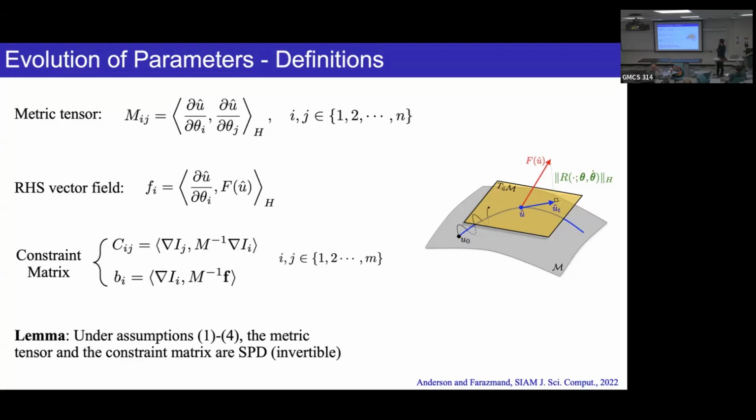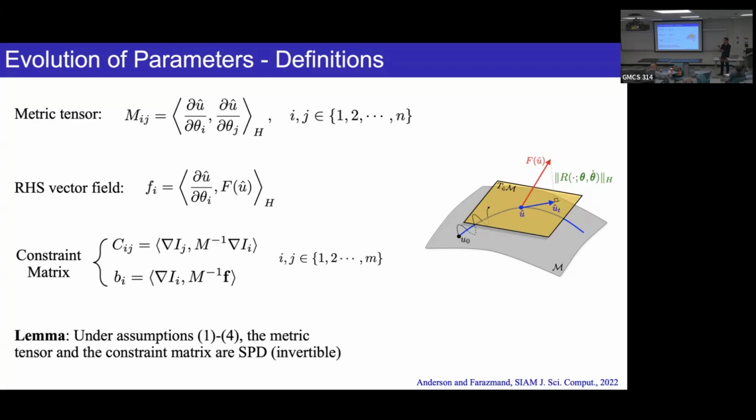Under the assumptions that I specified, it's easy to see, as I mentioned, that M is symmetric, positive definite, and so is C. Both of these matrices are invertible. One note that is worth pointing out is that this M is n by n, the number of parameters in my solutions, but this constraint matrix is usually small because it has the number of conserved quantities of my PDEs.